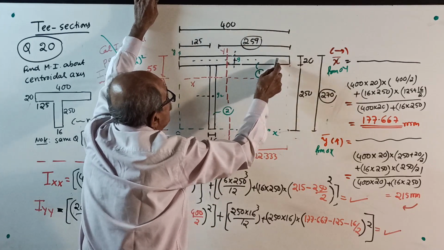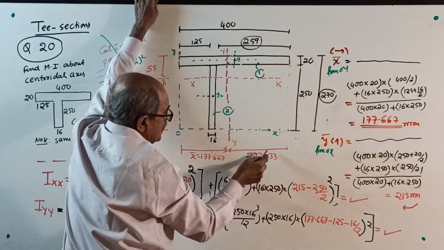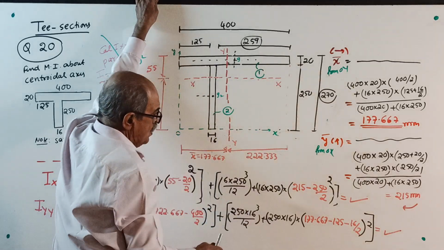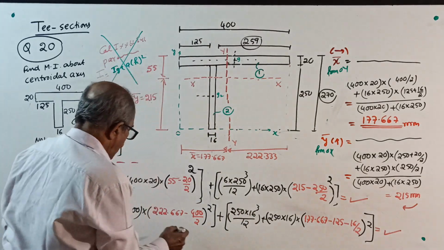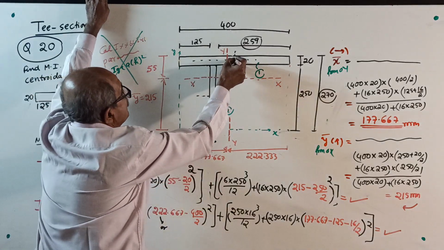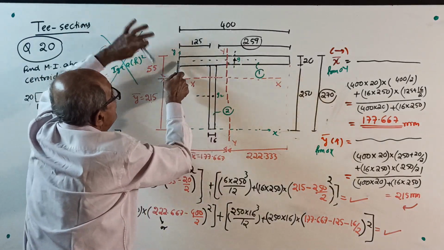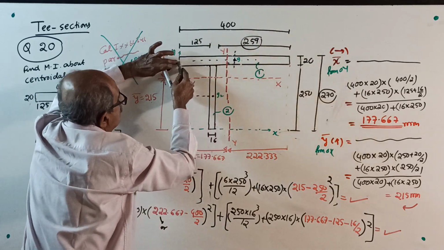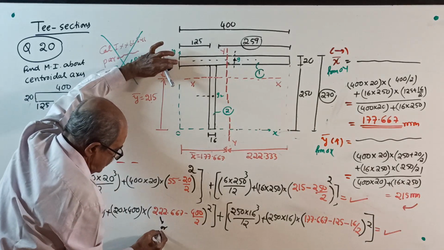See, this is 400 by 2, this is 222.333, so 222.333 minus 400 by 2 whole square. Or if you want to understand more, from centroid to here, this is 400 by 2, that also will do.